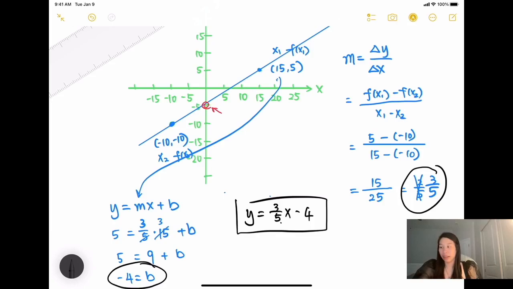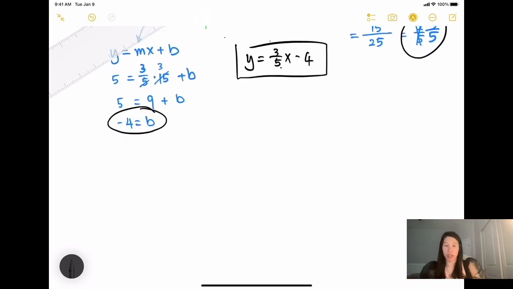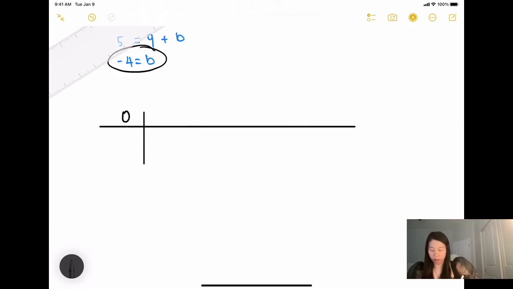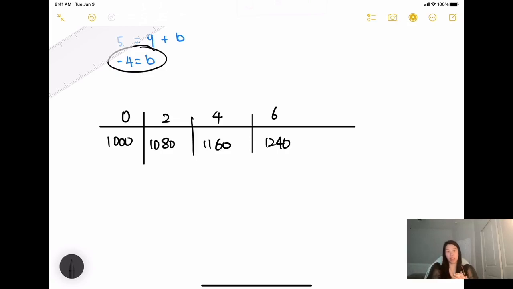Okay, again, the other way to find it is they've given you the table. So here is the table. So given a table, I want you to find the linear equation.